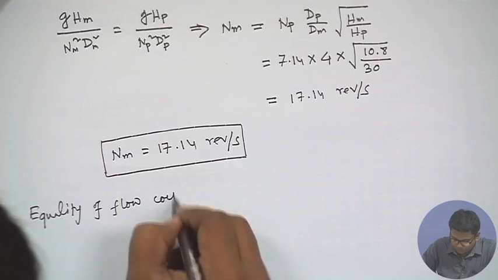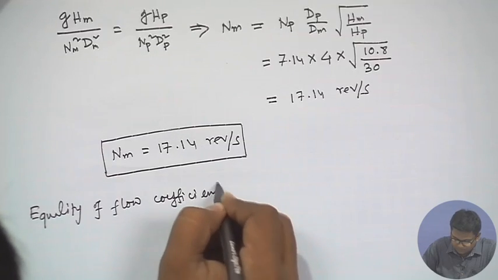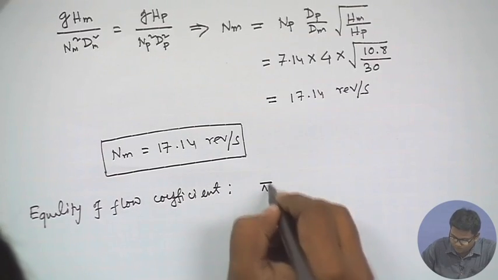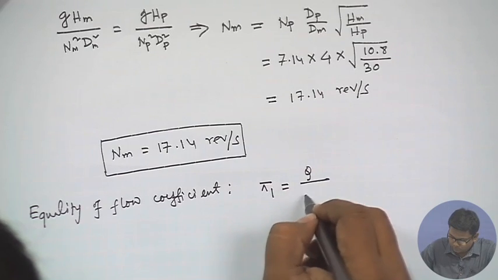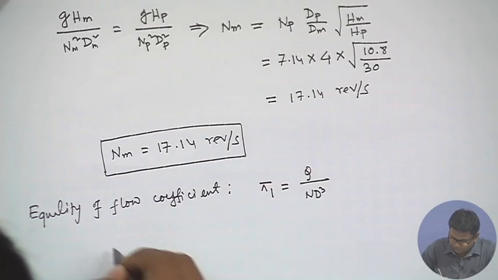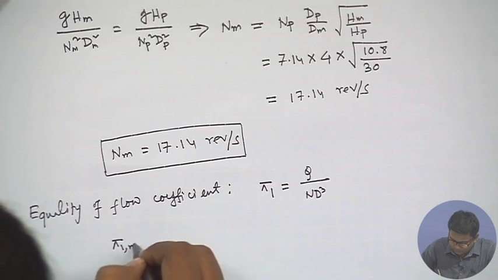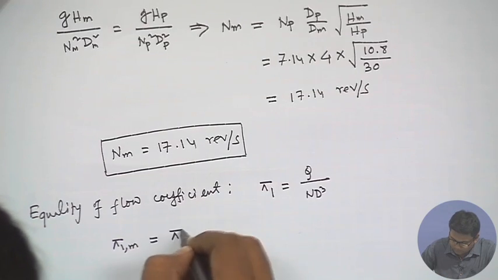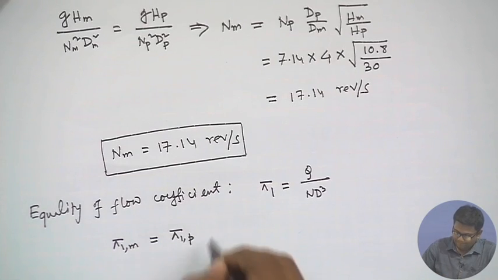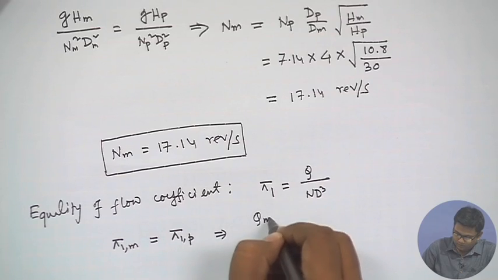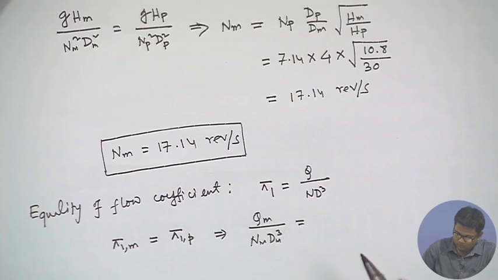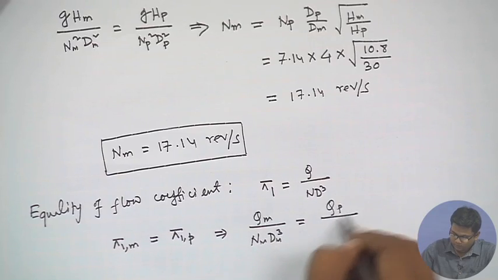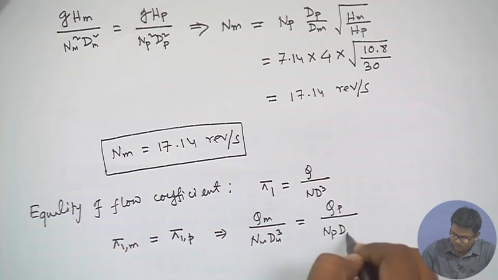Flow coefficient was previously obtained as pi 1 equals Q by N D cubed. So equality will give pi 1 m equals pi 1 p. So Qm by Nm Dm cubed is equal to Qp by Np Dp cubed.